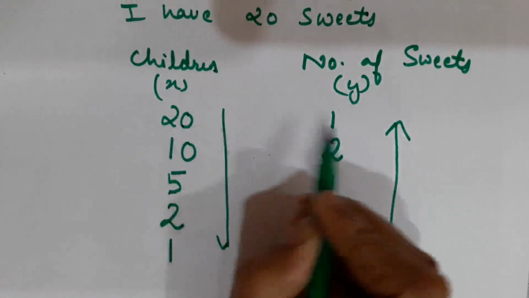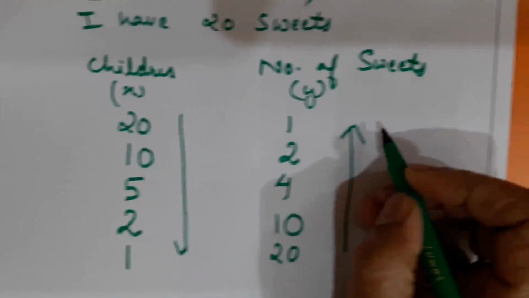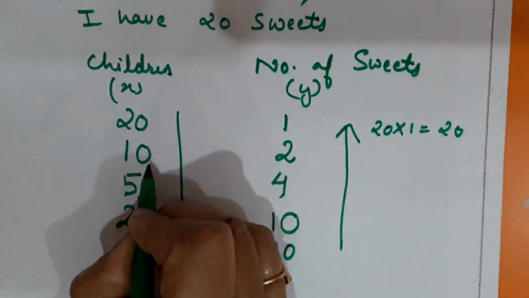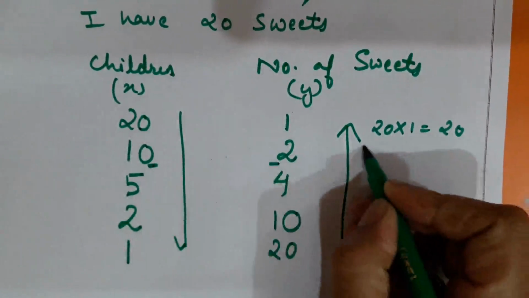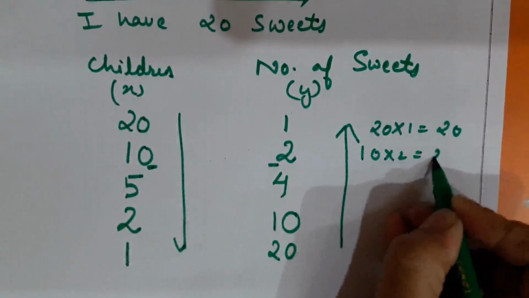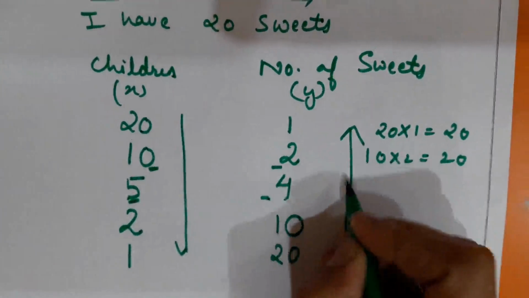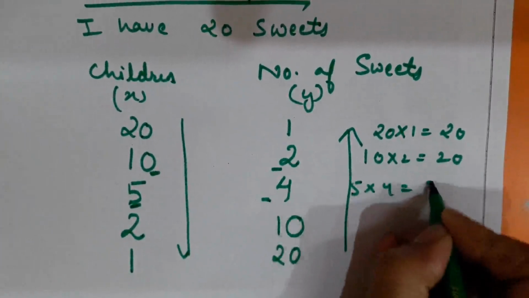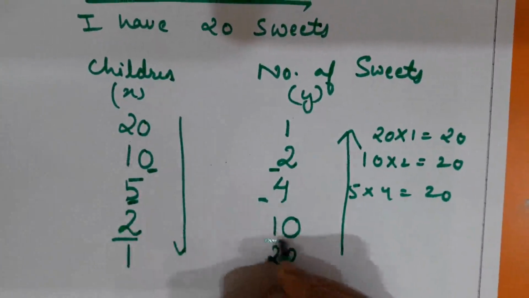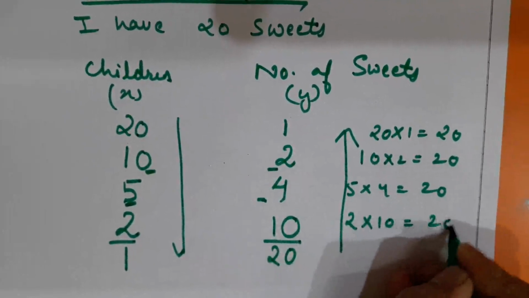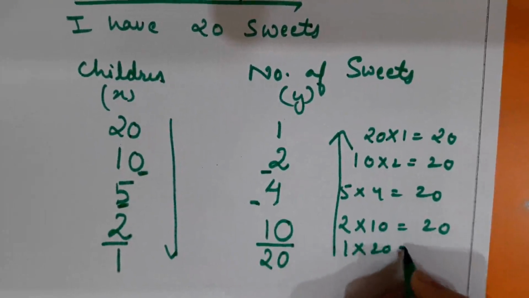So 20 children, 1 sweet each: 20 into 1 gives you 20. Then 10 children, 2 sweets each: 10 into 2 is 20. Then 5 children, 4 sweets each: 5 into 4 is 20. Then 2 children, 10 sweets each: 2 into 10 is 20. Then 1 child, 20 sweets: 20.